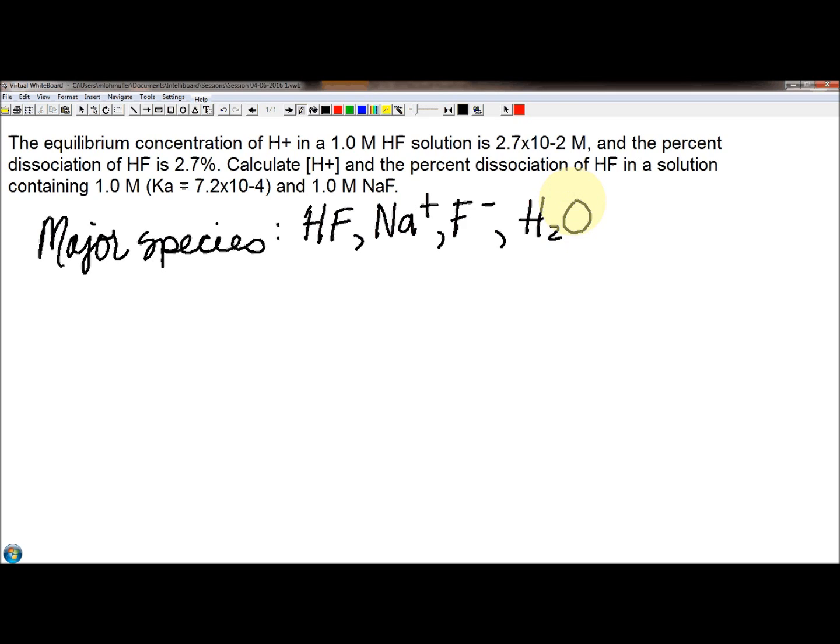Because the fluoride ions will affect the equilibrium of the HF, the sodium doesn't really matter to us, because it is going to form a strong base. And the water isn't important right now because we're going to use the Ka, so we're going to follow the acid equation.